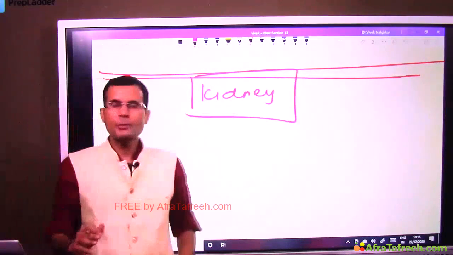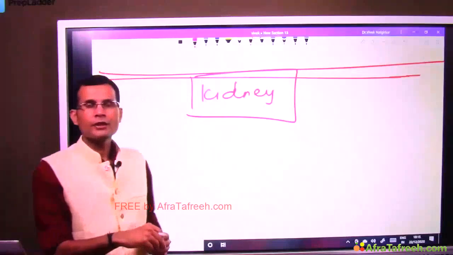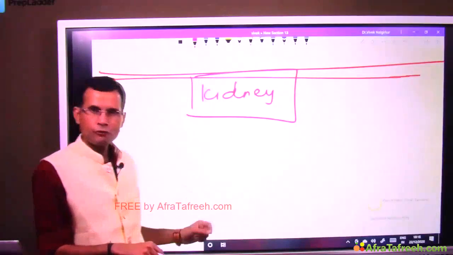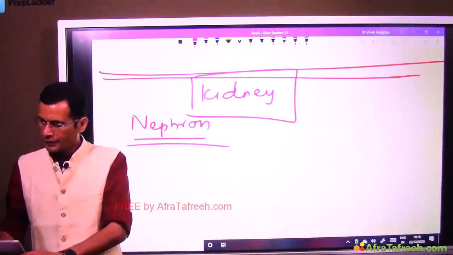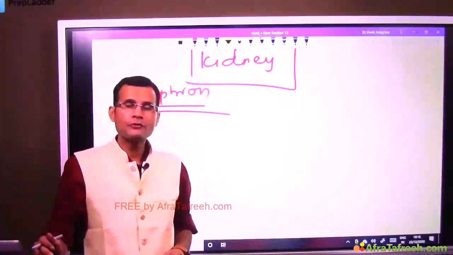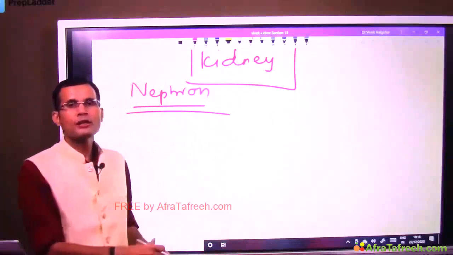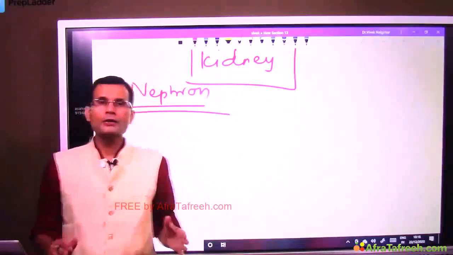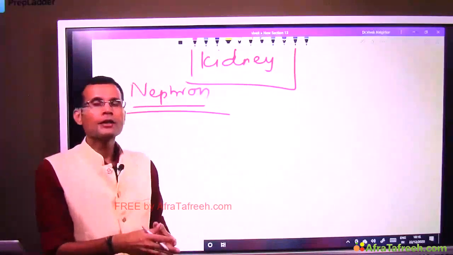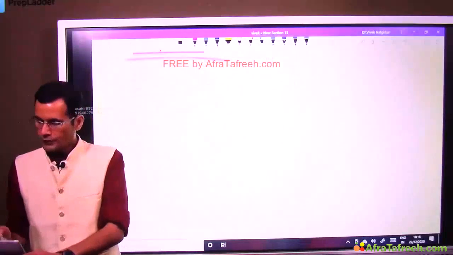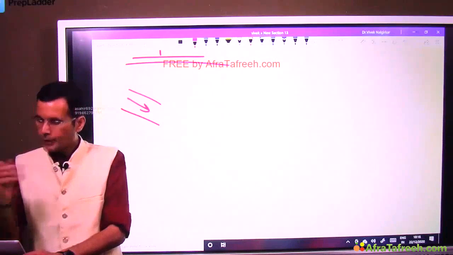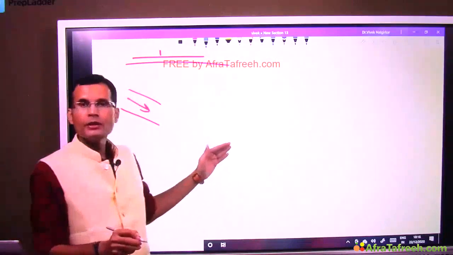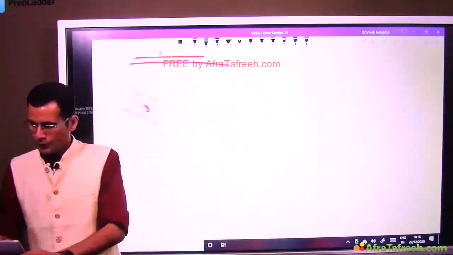And this is an introductory part. The basic structural and functional unit is the nephron, and although it will be too basic to discuss the parts of the nephron, still, just as a quick revision, look, the renal artery breaks up into arterioles, and then there is the afferent arteriole which brings the blood into the glomerulus.